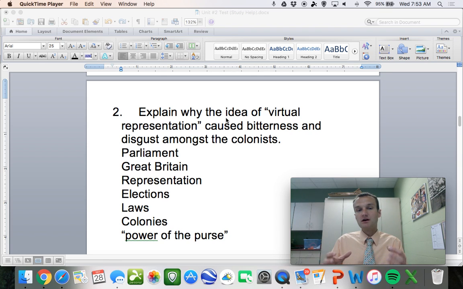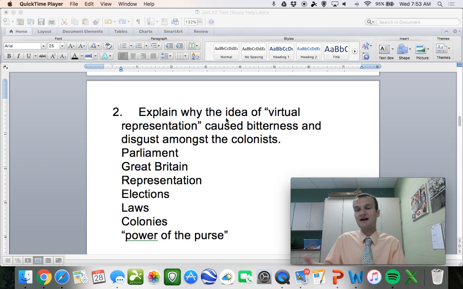Parliament was saying that if a colony had a representative in the European mother country of Great Britain, they didn't need to have a representative coming from the colony in order to follow laws. It was enough to just be told what to do by the mother country of Great Britain over in Europe.